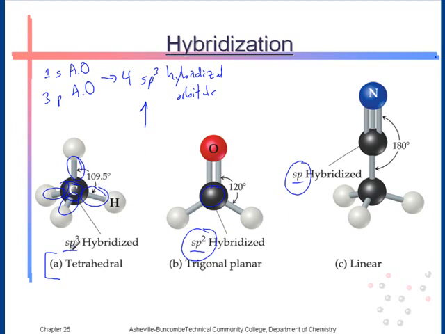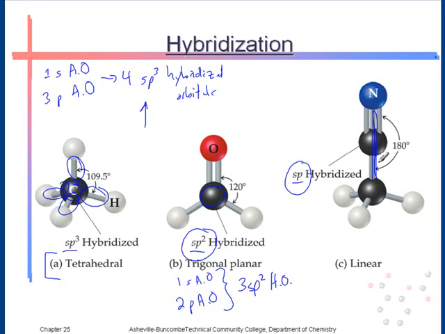And just like the breakdown with sp3, the sp2 means there's one s atomic orbital and 2 p atomic orbitals from the carbon atom that have been mixed together to form now 3 sp2 hybridized orbitals. If you want to look at the pictures of that, that's back in Chapter 9 for Brown, Brownell and May. I'm not going to ask you to draw the pictures or anything. Again, just being able to recognize what kind of hybridization you have in front of you.